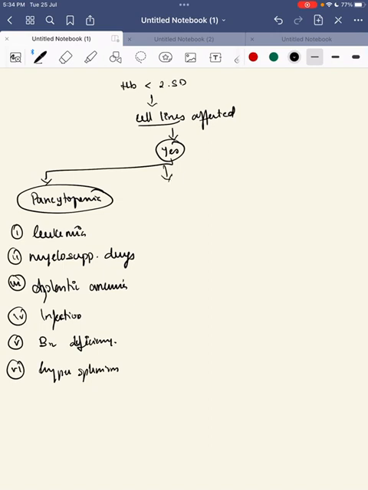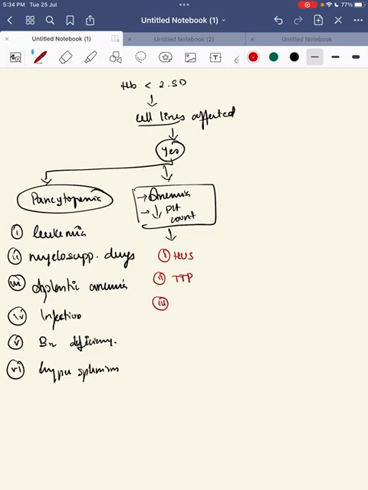Or when the child has anemia with low platelet count, so only platelets and Hb are low. These can be due to hemolytic uremic syndrome, TTP, DIC, or Evans syndrome.